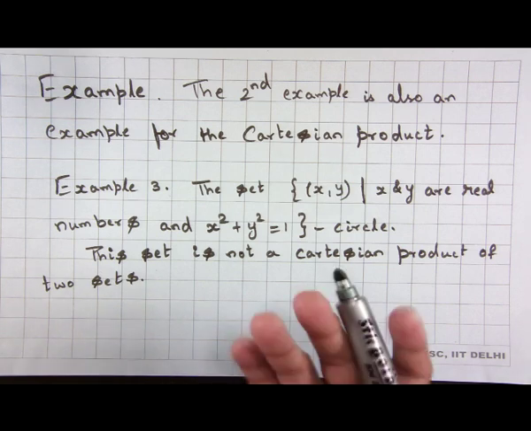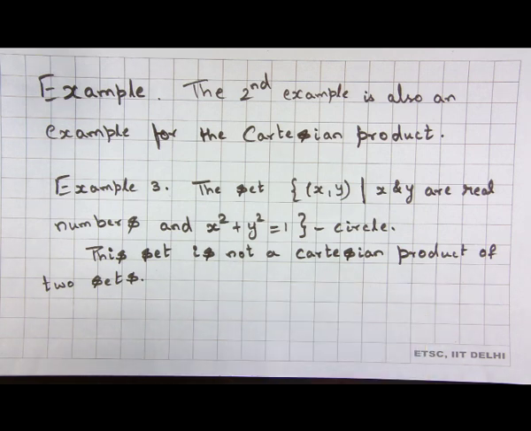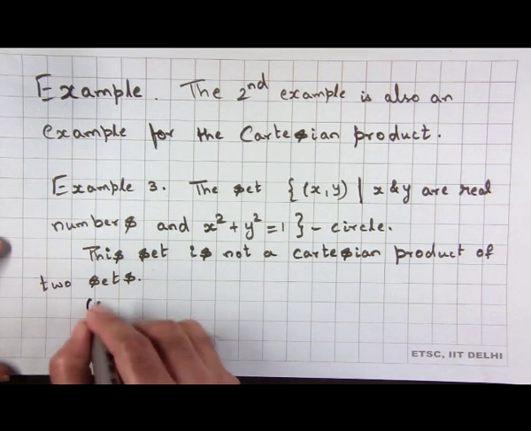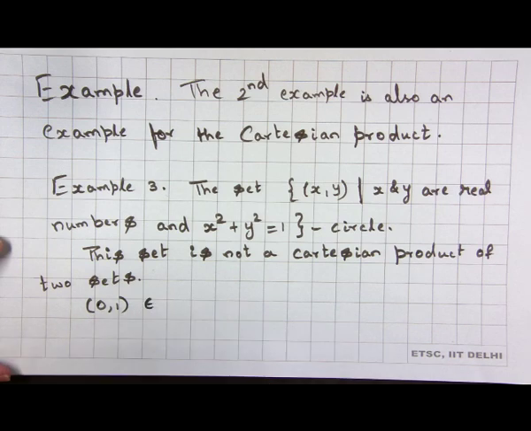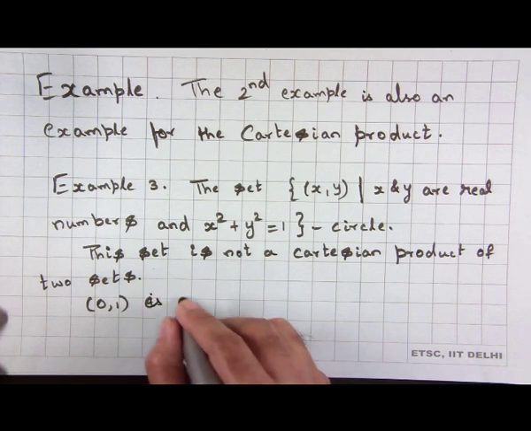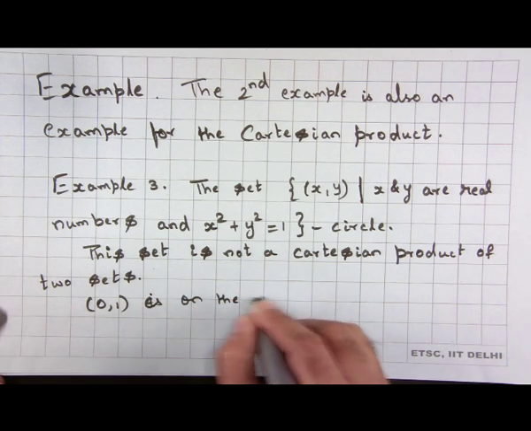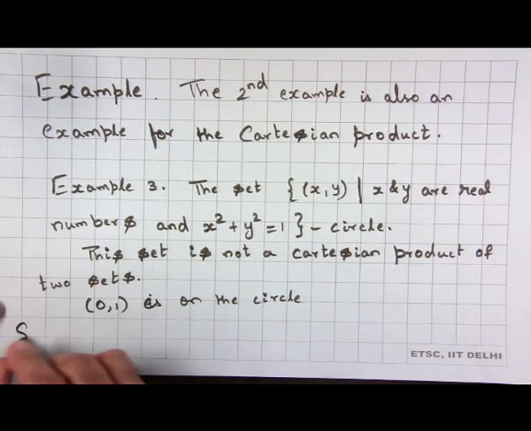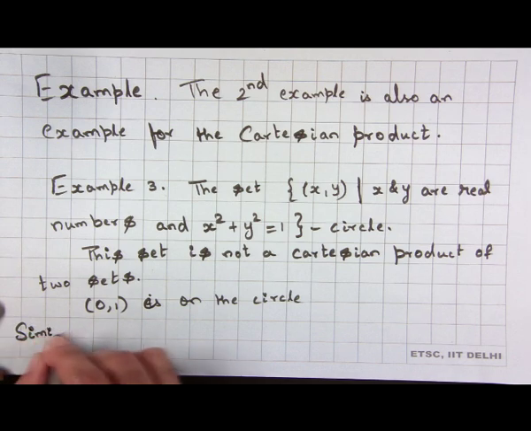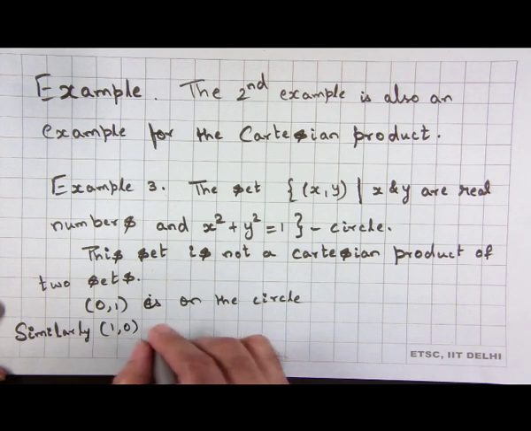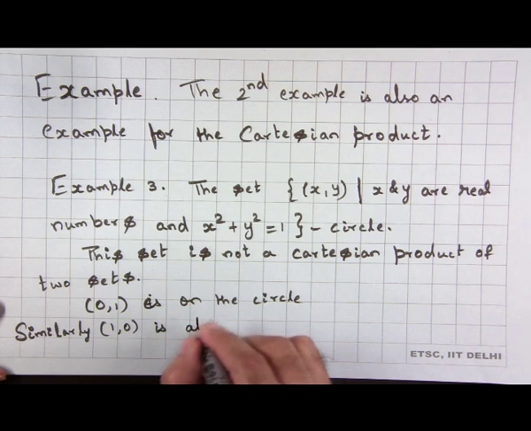So, why is it that this set is not a Cartesian product of two sets? Let us look at something. So, for example, 0 comma 1 belongs to, this is on the circle, similarly 1 comma 0 is also on the circle.